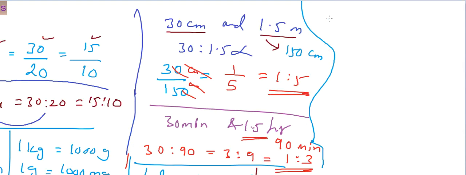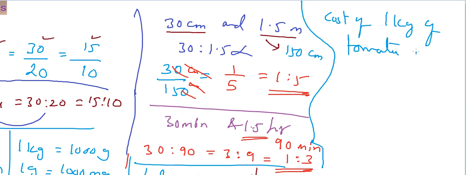Let's say the cost of 1 kg of tomato last week was 20 rupees.